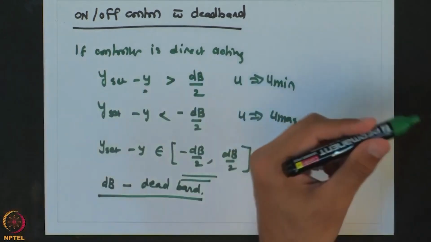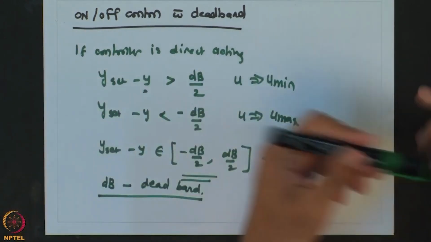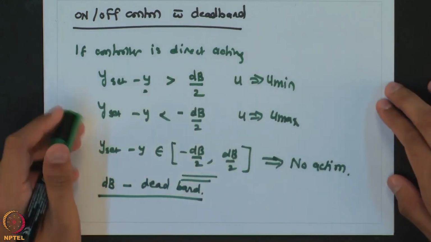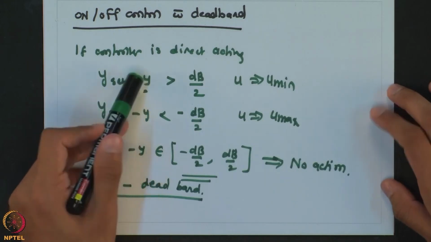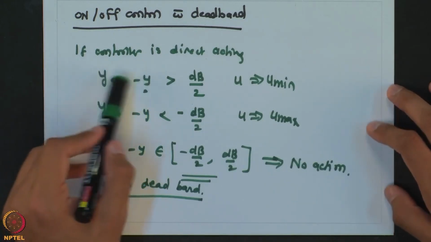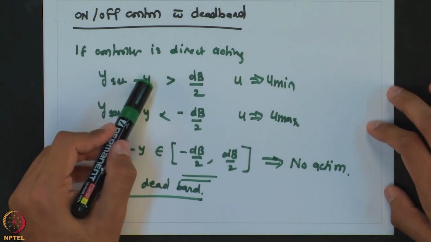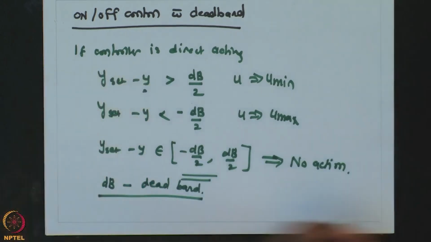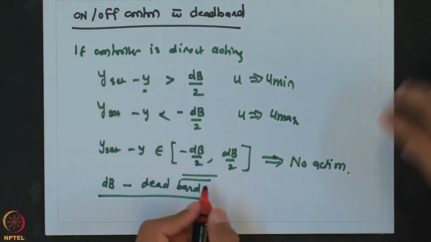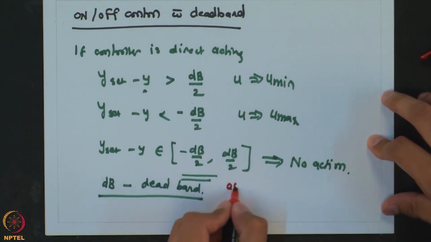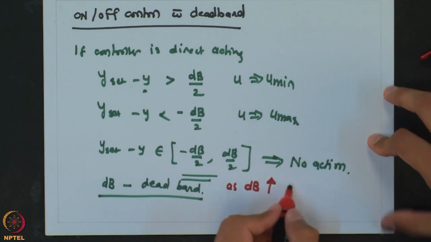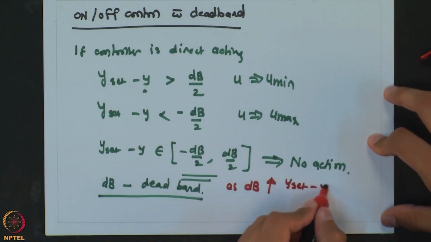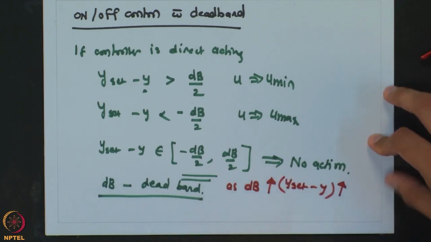So, the larger the dead band, what is going to happen is that the valve will have less toggling, but at the same time you are allowing the output to go that much. So, you are allowing the output to deviate that much from the set point. So, the effect of dead band is, as the dead band increases, y set minus y increases.